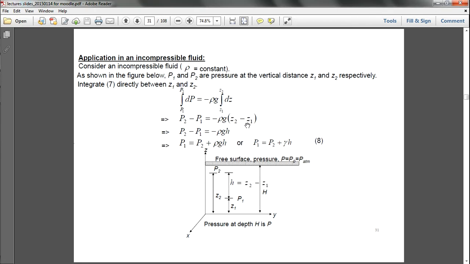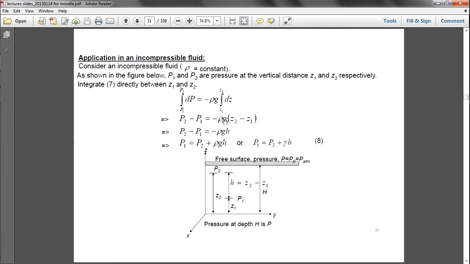This is why it's minus. Because we are trying to find the difference in the quantity of pressure in H, you can actually calculate the difference using integration in such a manner.